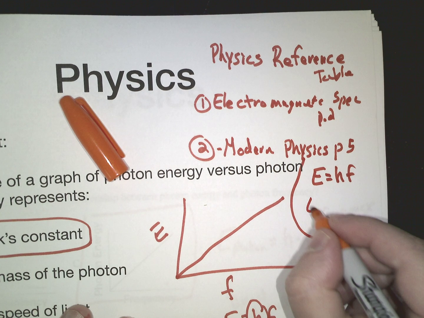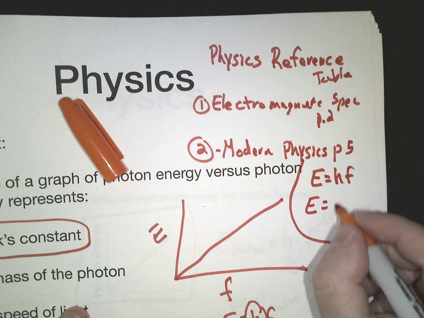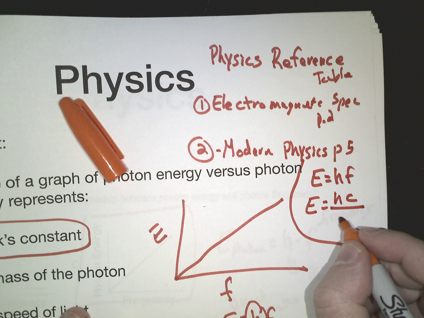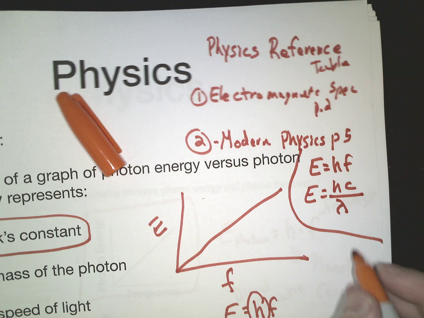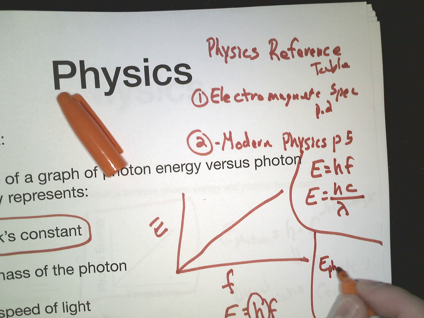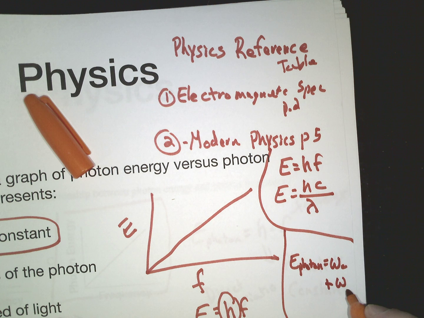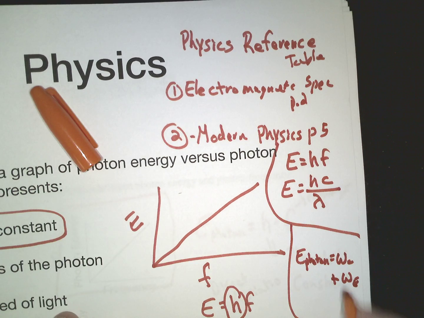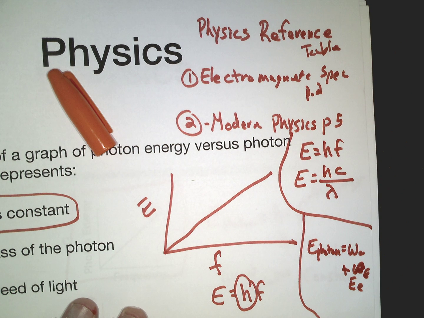And the other important one is energy equals hc over lambda. And there's one other that I would add on to that: the energy of the incident photon equals the work function of the material plus the energy of the emitted photon. That works with the incident situation.